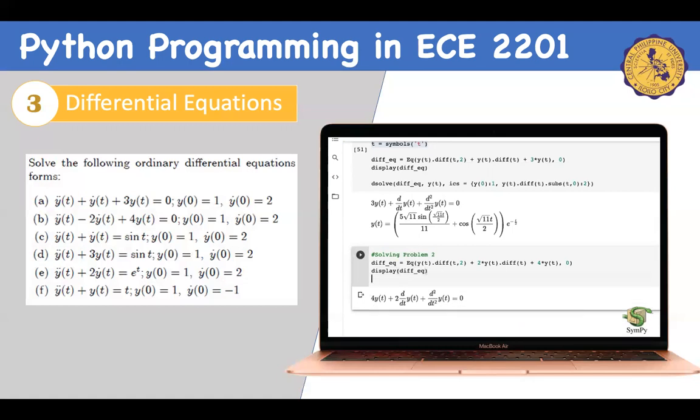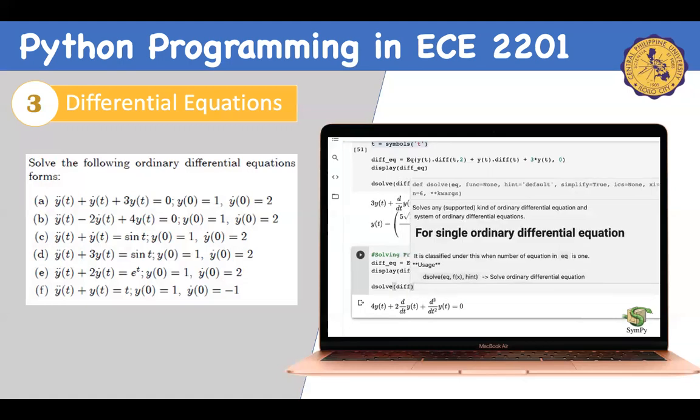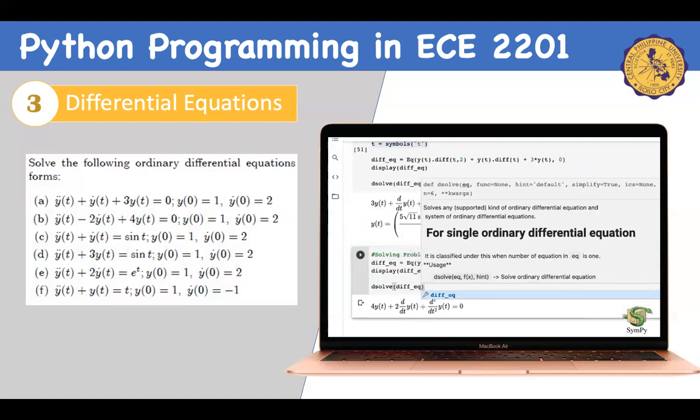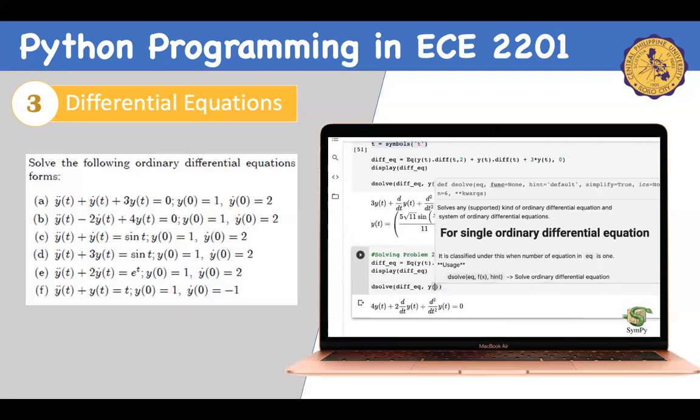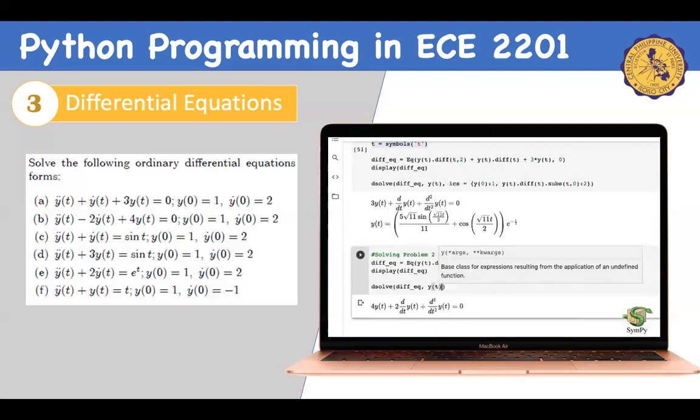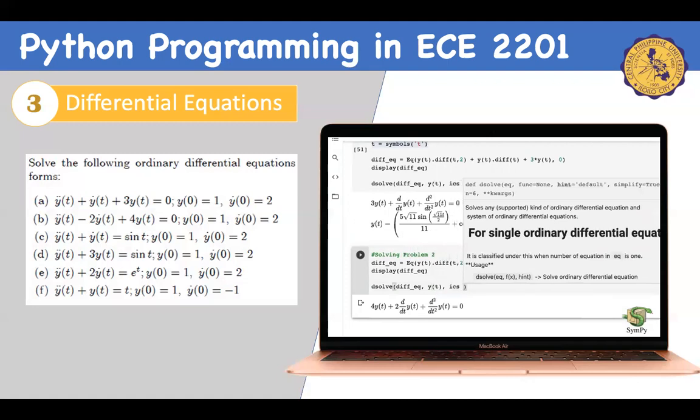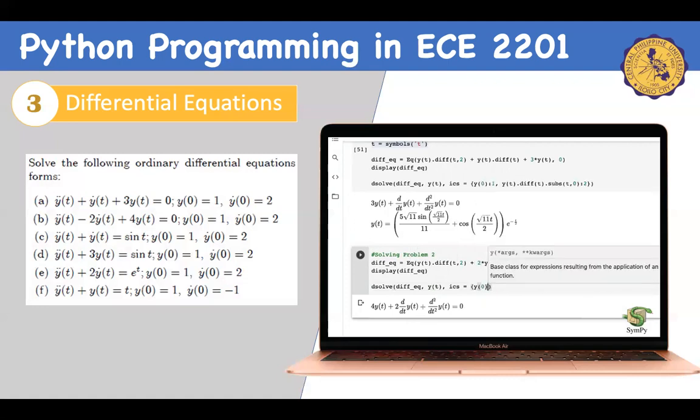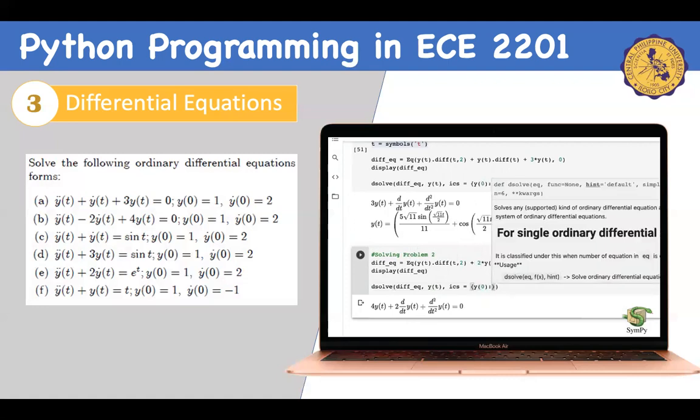Now since we have our differential equation, let's solve it using dsolve of the differential equation as a function of y(t). Now let's say y(t), comma, with an initial condition ICS equals, enclose it with curly braces. We have y(0) colon equals 1, comma, that's the first one.